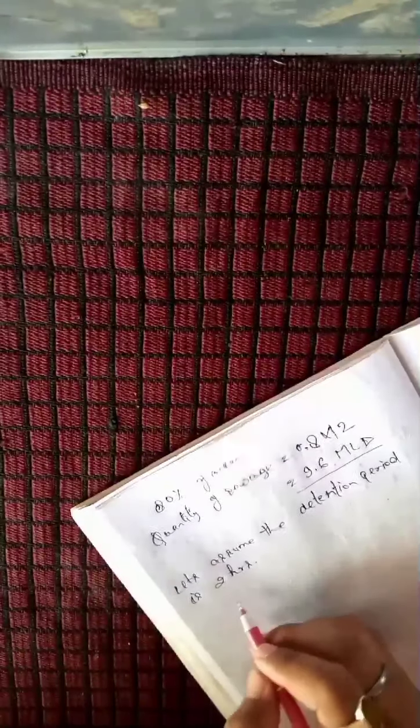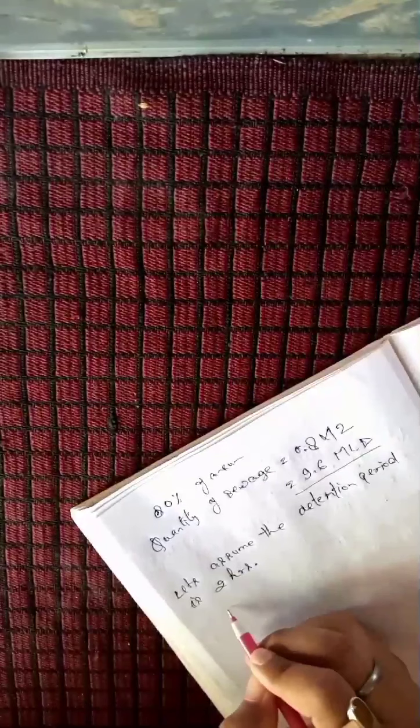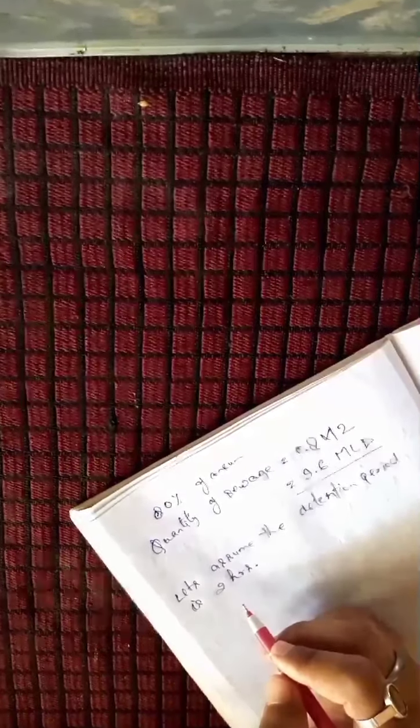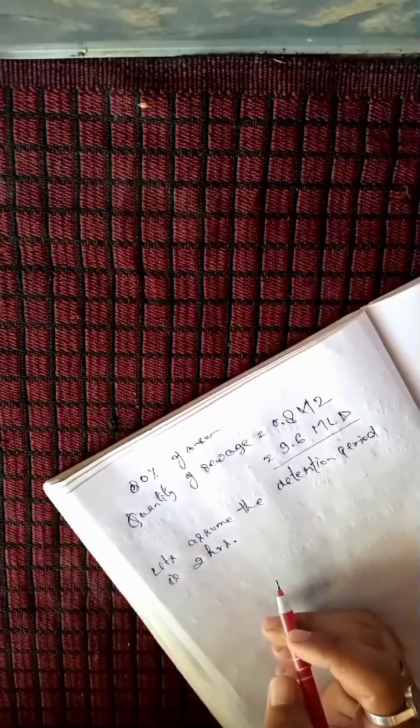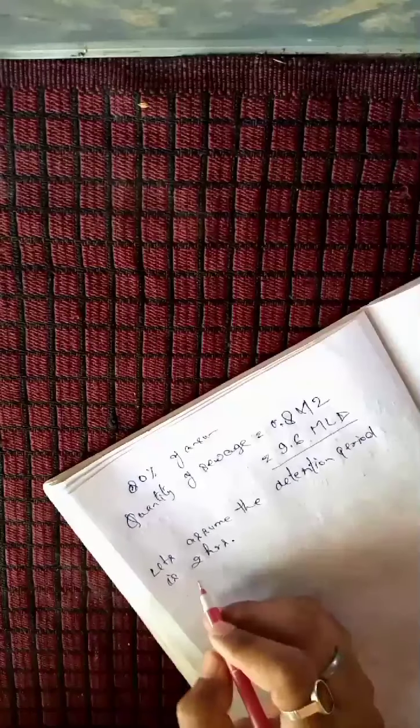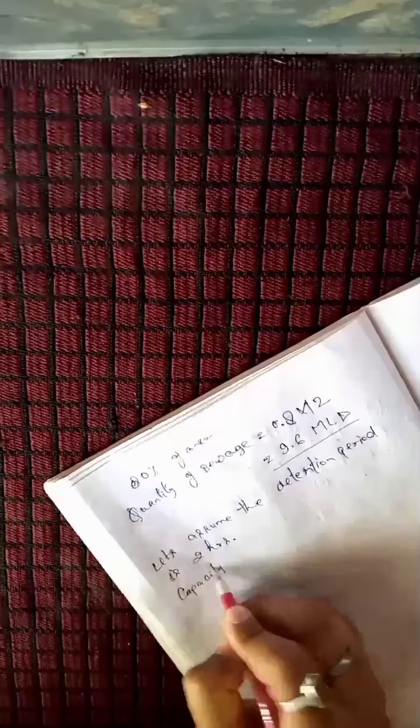Now let's further move to the quantity of sludge, that is 9.6 MLD. Hence we have to determine the capacity of the tank. That means the amount of sewage which is stored in the sedimentation tank.